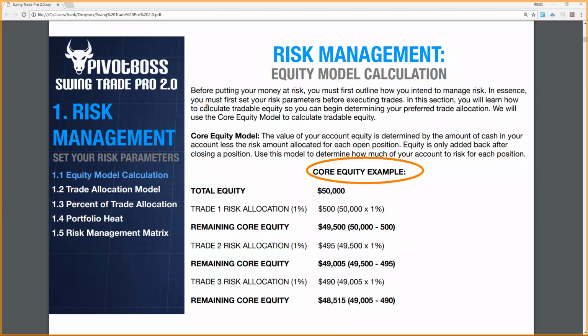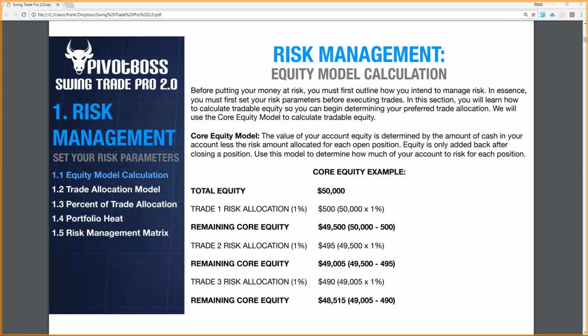And so before putting your money at risk, you must first outline how you intend to manage risk. In essence, you must first set your risk parameters before executing trades. In this section, you will learn how to calculate tradable equity so you can begin determining your preferred trade allocation. We will use the core equity model to calculate tradable equity.